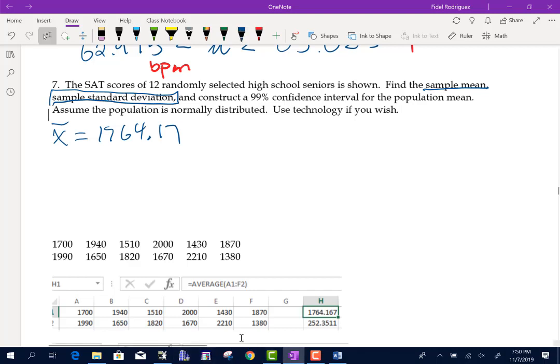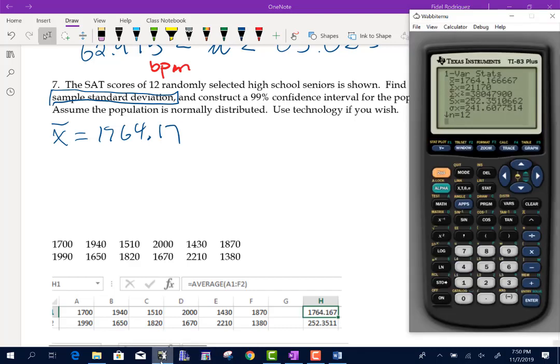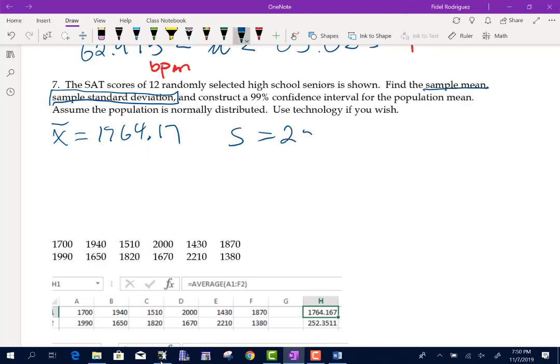So guys, if I grab my calculator again, my sample standard deviation, isn't that my S? If we were to go to two decimal places here, what number would I use? 252.35? Okay. So S is 252.35.